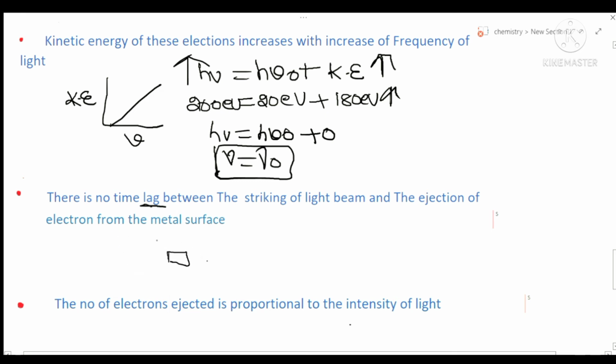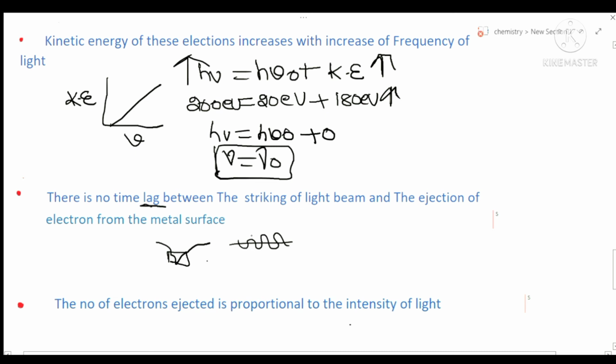Whenever the incident photon is supplied, within a fraction of a second the electrons will come out. There is no time gap. This is also evidence of the particle nature. If you consider light as a wave, it would take some time for the wave to strike and make electrons come out from the metal surface.